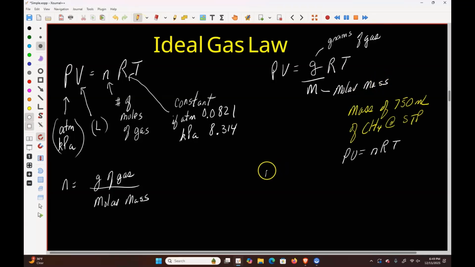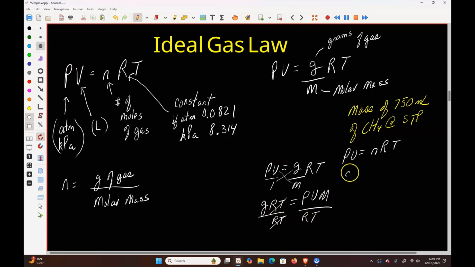So PV equals G over M RT. Cross multiply, so I have GRT equals PVM. So G is equal to PVM over RT.